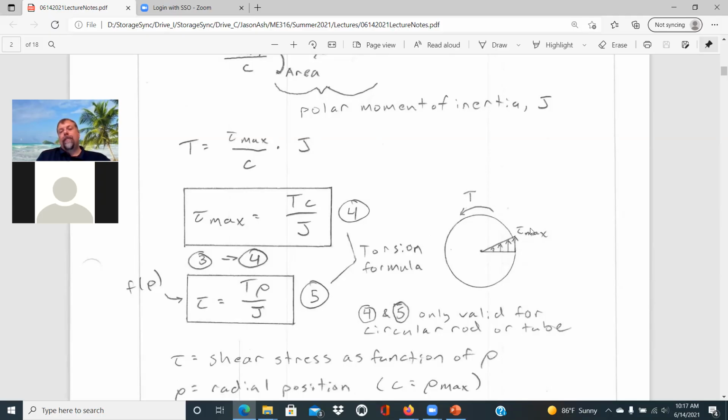So this is really tau max, which would be equation 4 there. But if we want to know the shear stress in terms of the radial position, we can just substitute 3 into 4 and see that our shear stress is equal to our torque that's applied times the radial position divided by J.